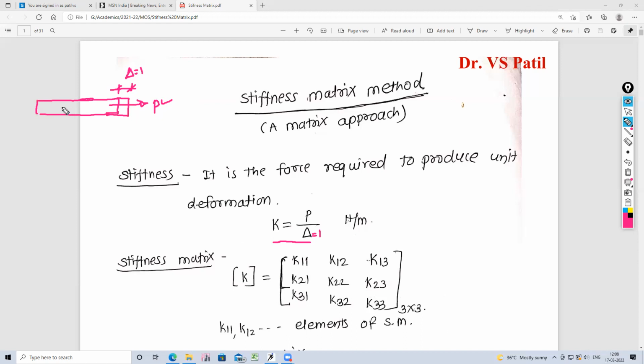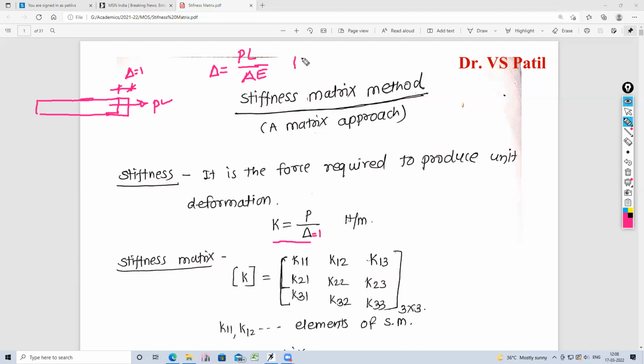Now, for this simple case of a rod subjected to axial force, the deformation is given by the formula delta equals PL upon AE, where A is the cross-sectional area, E is the modulus of elasticity, P is the applied load, and L is the length of the element. By the definition of stiffness, K equals P divided by delta.